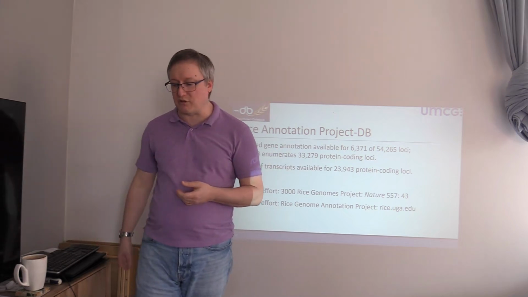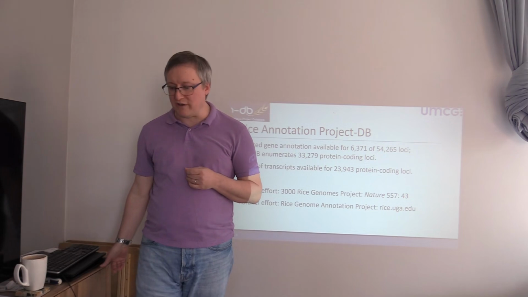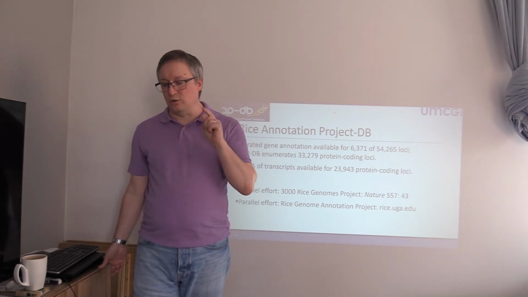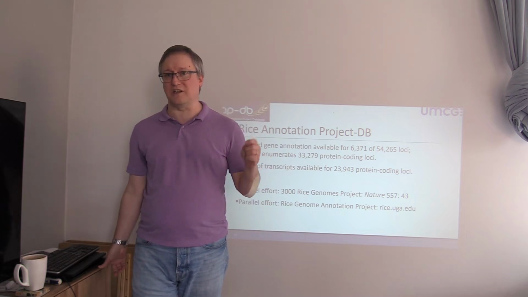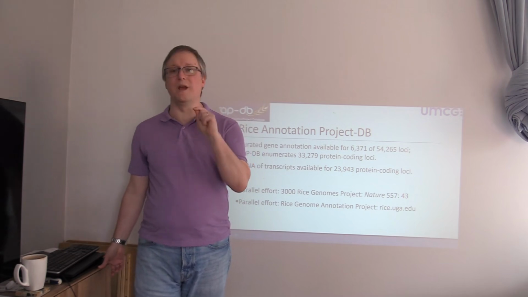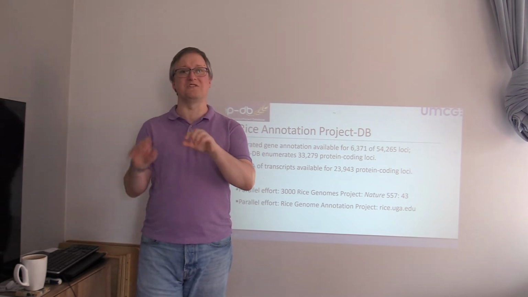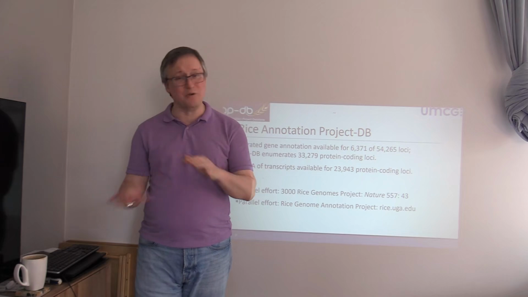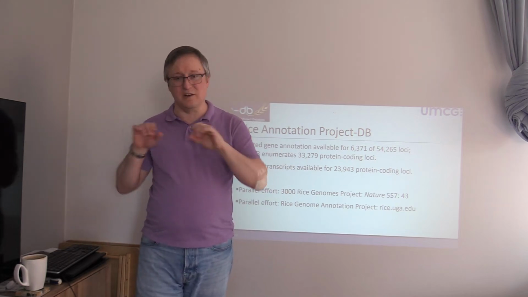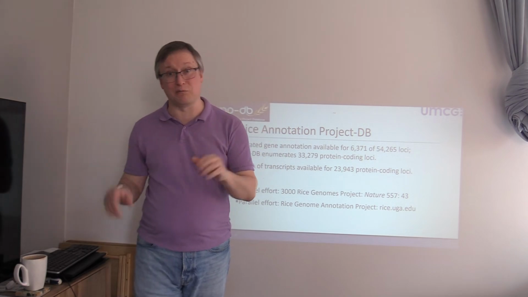That's something that the 3,000 Rice Genomes Project will give us. And you should also not be confused by the fact that not only does the Rice Annotation Project database exist, there's also the Rice Genome Annotation Project, which is a separate project. They have their own website. They're not the same thing. They work together, they talk together, but these are very similar names for different projects.